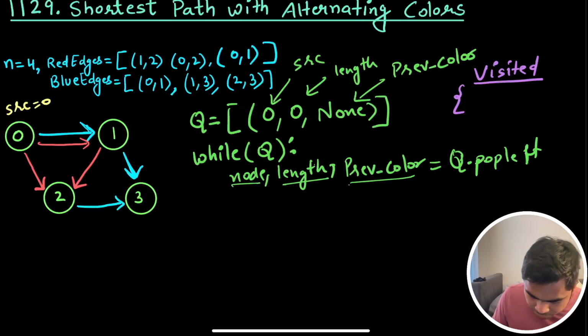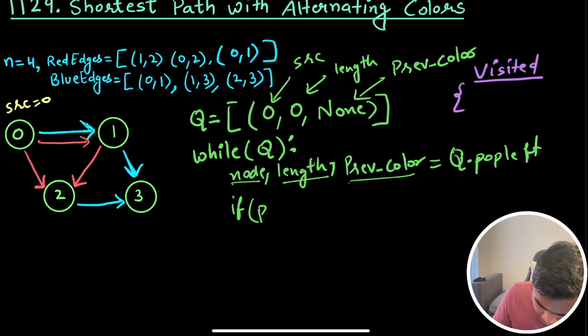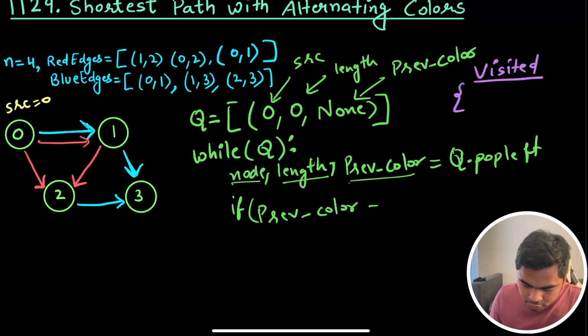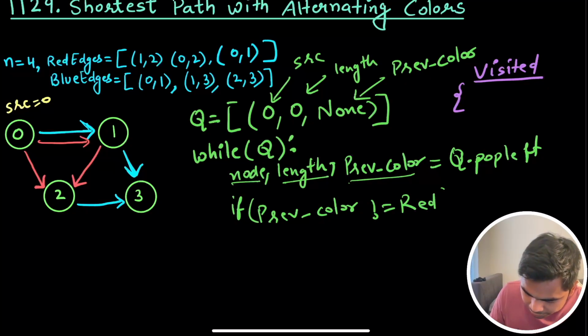Now at this position, we're going to check what the previous color has been. Let's say if the previous color is not red, then you can execute red, right?